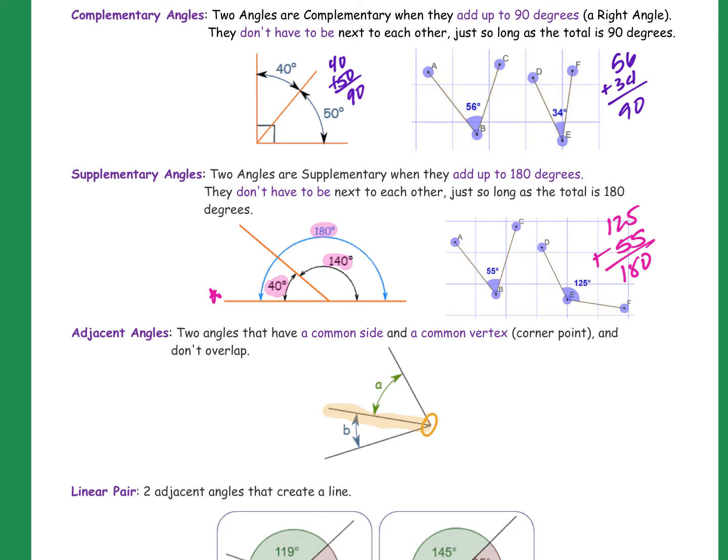And so they're just two angles. It doesn't matter if that's a linear pair, supplementary, complementary, or they don't have to have any special relationship. Does that make sense?